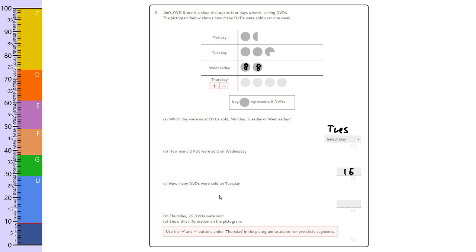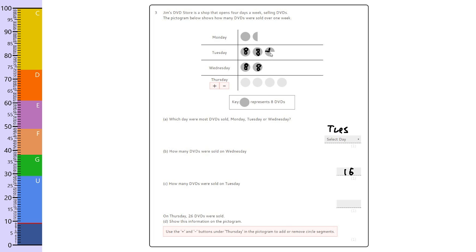How many DVDs were sold on Tuesday? Now this is slightly more complicated because I know there's 8 there, and 8 there, but what does this represent? Well, if 8 is the whole, then how much is a quarter worth? There are 4 quarters in a whole. Let's have a think. If each of those equaled 1, it would be 1, 2, 3, 4.